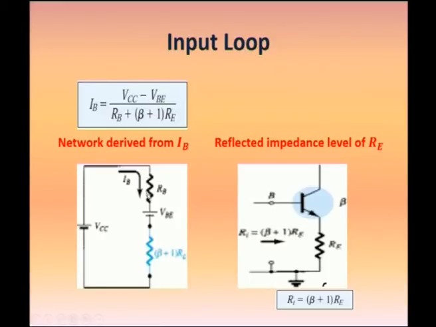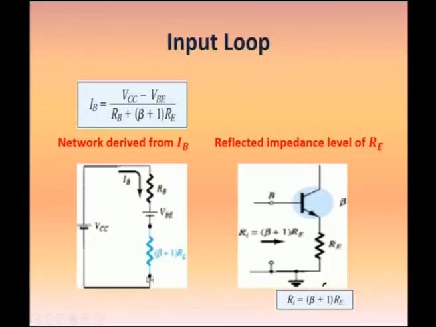For this equation, if you draw a circuit, it is the current IB flowing from VCC to VBE through the resistances RB plus the RE resistance, where the RE resistance is multiplied by a factor of beta plus 1.